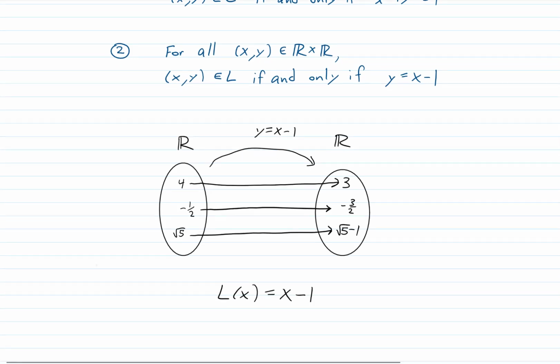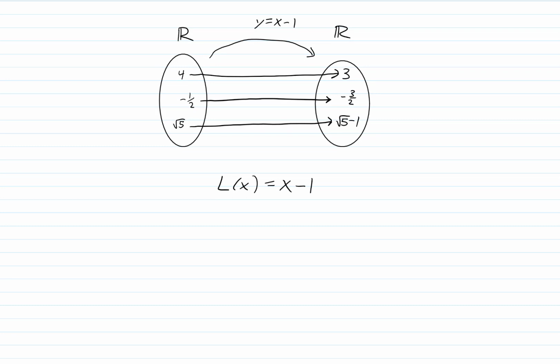In fact, people find it very helpful, at least at first when they're learning about functions. You guys probably have outgrown this, but people find it very helpful to think of a function as a machine where x would go in and f of x would come out.